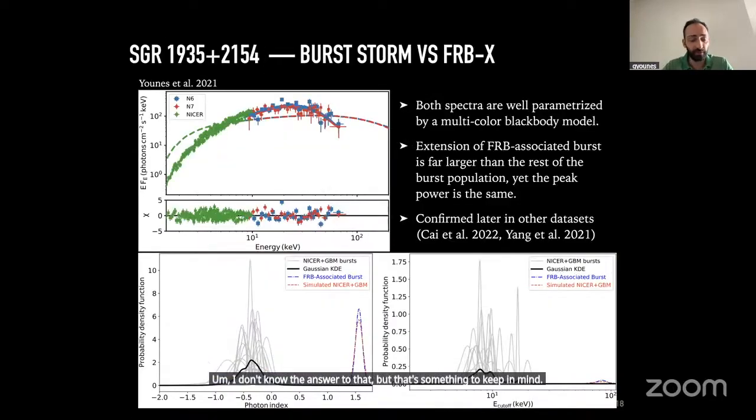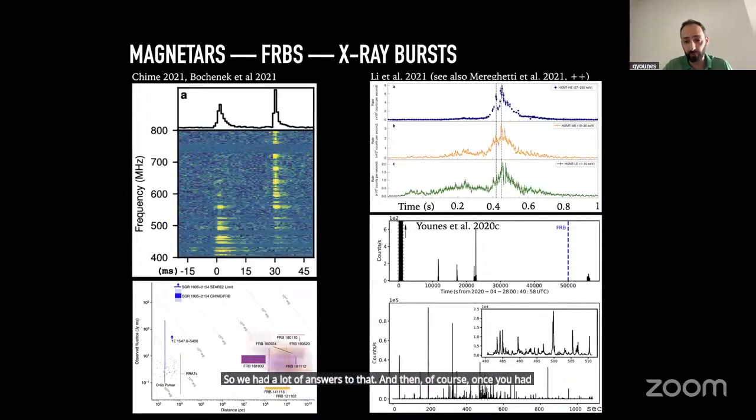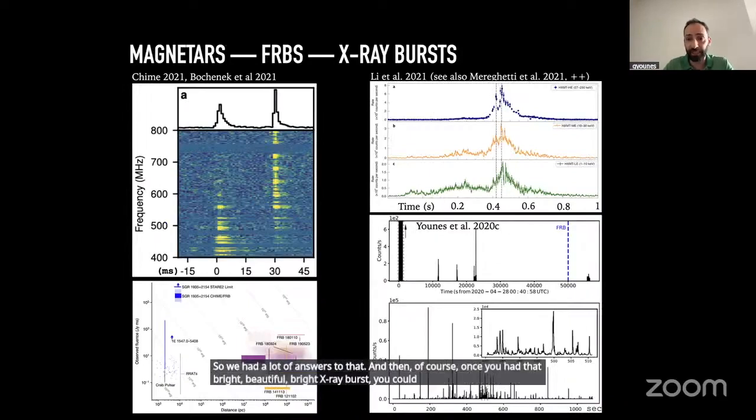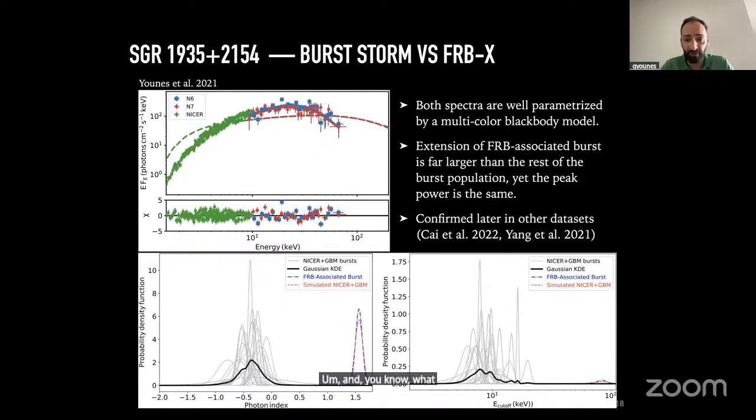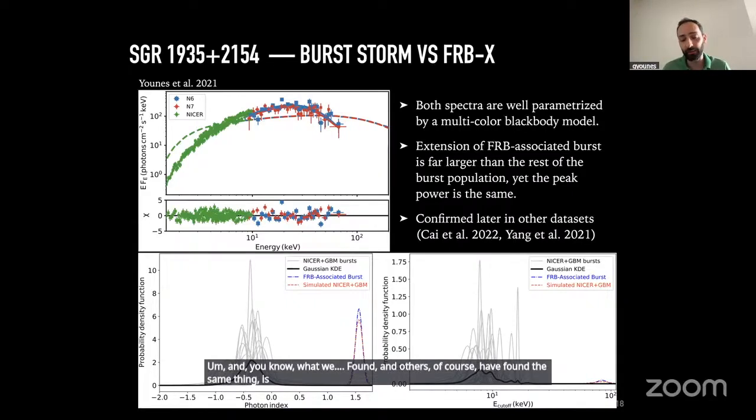So we had a lot of answers to that. And then, of course, once you had that beautiful bright X-ray burst, you could perform spectral analysis on the burst. I'm not mentioning the temporal analysis, but you could perform spectral analysis and compare it to the rest of the bursting activity that occurred that day. What we found, and others have found the same thing, is that spectrally, the FRB-associated X-ray burst was a little bit harder.